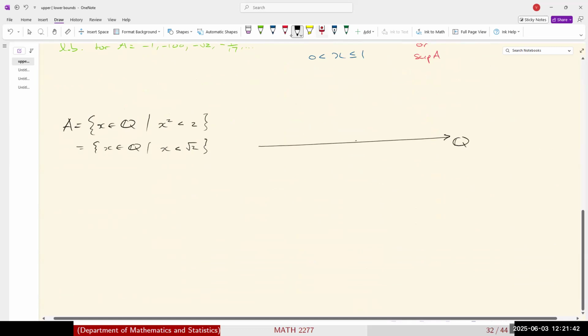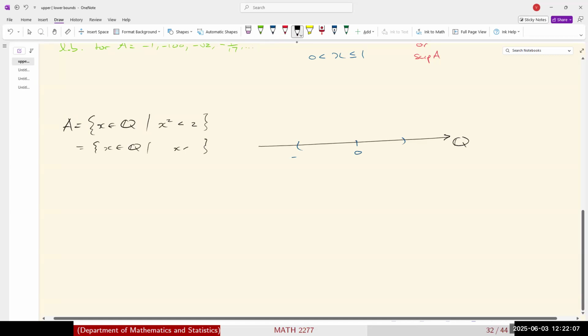Okay, so here is 0. I want to try to write what the set is. Here is 0. So I'm looking for all numbers such that when I square them, I get a number less than 2. In other words, I'm looking for all rational numbers between... or so I have this written bad.